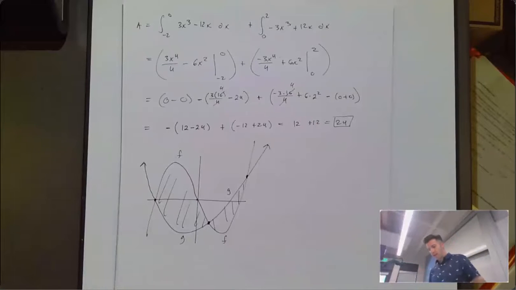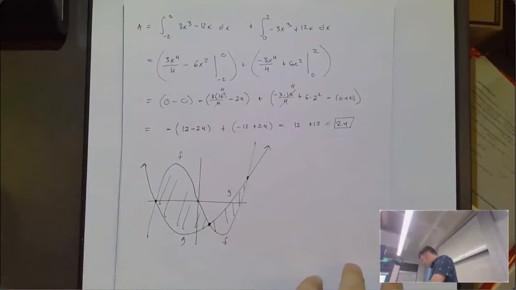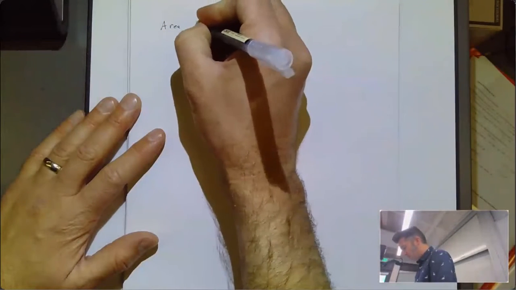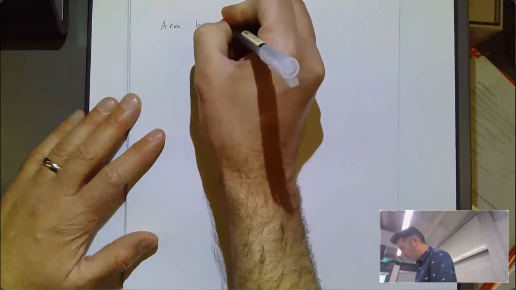But let's look at another example that is a little bit the same, but a little bit different. Let's keep things in order here. Let's say we wanted to find the area between these two functions.